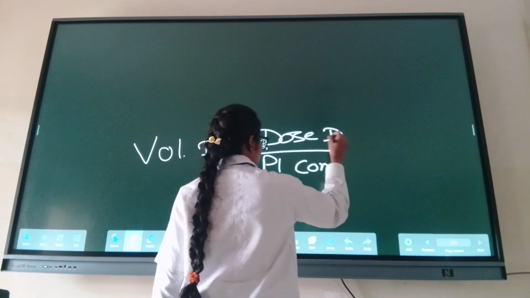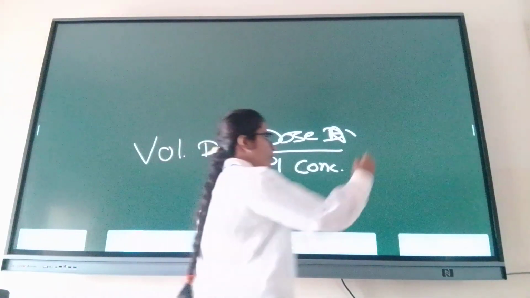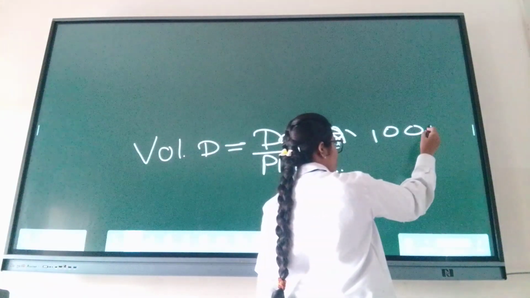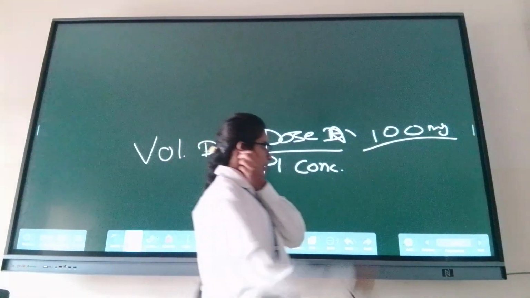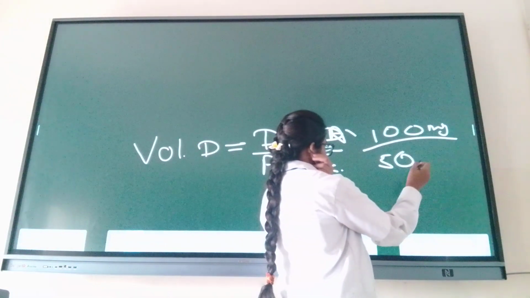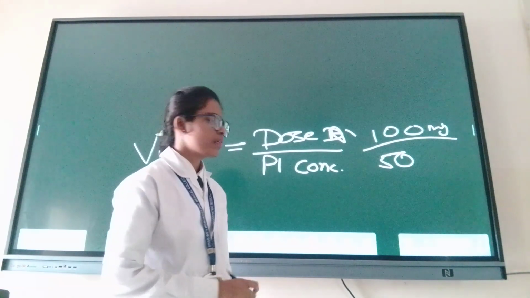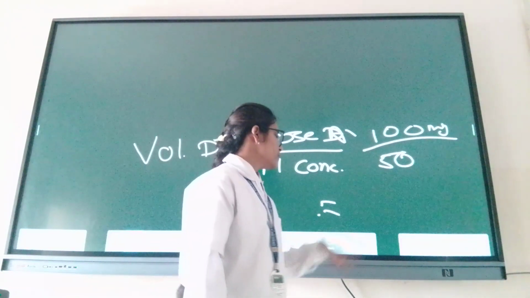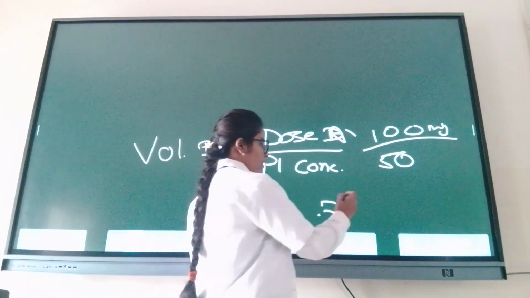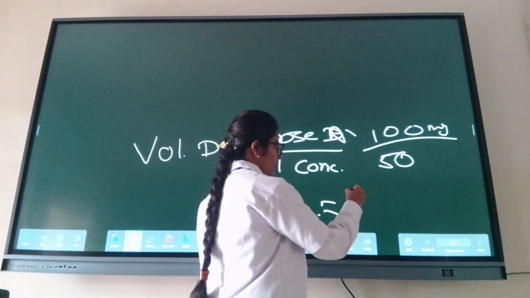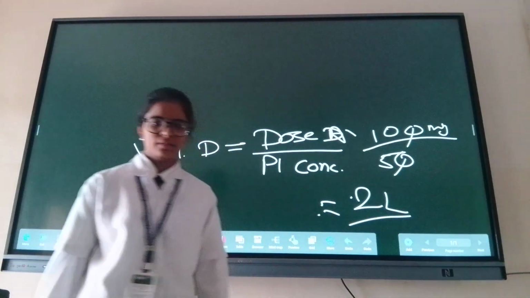Suppose we have administered a dose of 100 mg and the plasma concentration is, let's say, 50 at that time. We have checked the plasma concentration. Then the volume of distribution, the drug distributed in the body, is 2 liters, right?